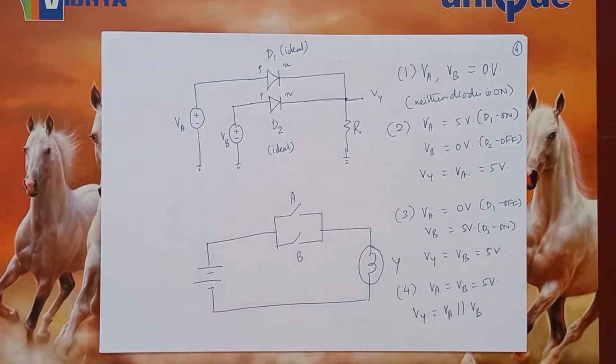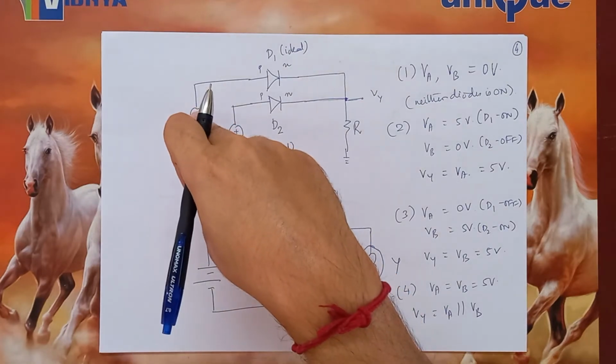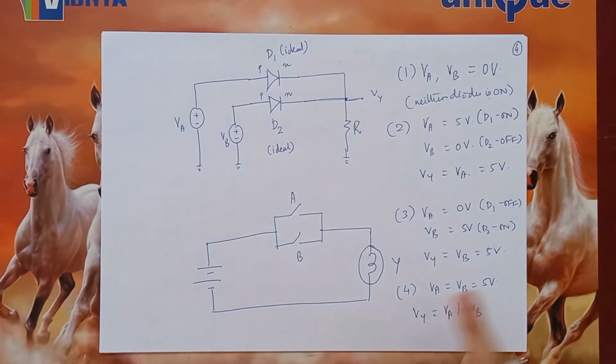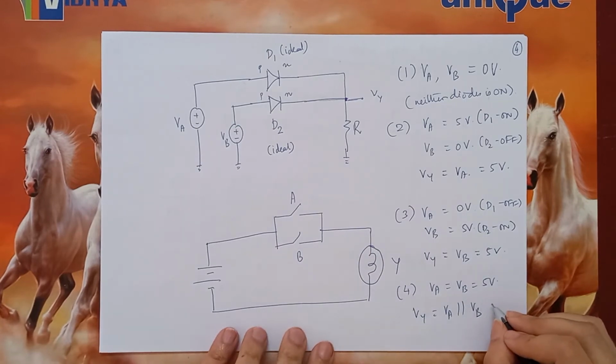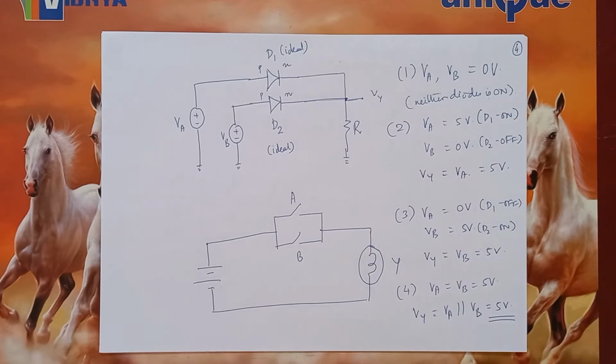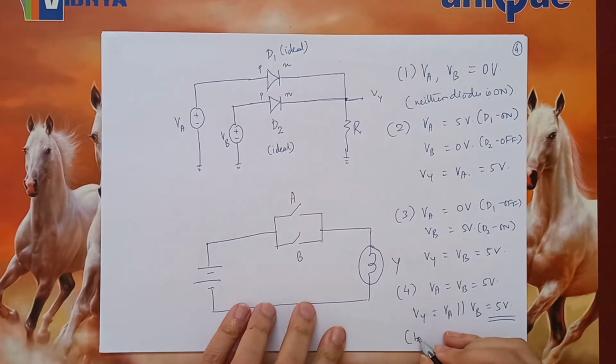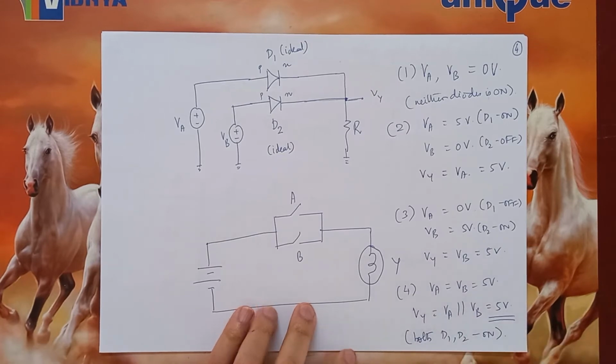Now, as I said, we have to be careful whenever we see two voltage sources in parallel. But the good part is that both sources are of equal value. So therefore, Vy will be equal to VB, that is equal to 5 volts, where both diodes D1 and D2 are on.